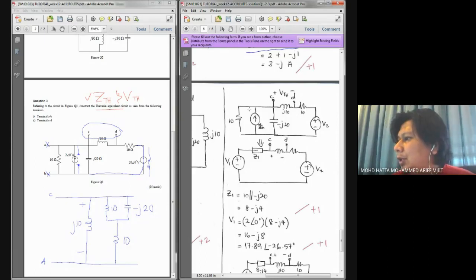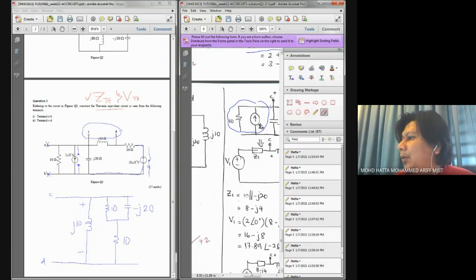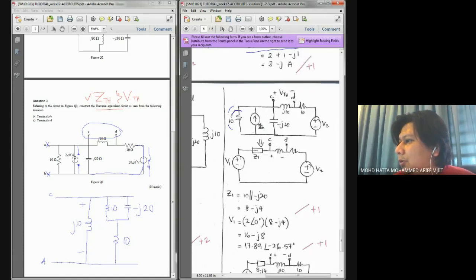The first one, I try to make this a voltage source in series, and later on I will use Kirchhoff's voltage law in order to get the voltage drop across this element. And if you look at the question earlier, these two are connected in parallel, so you need to combine these two first.